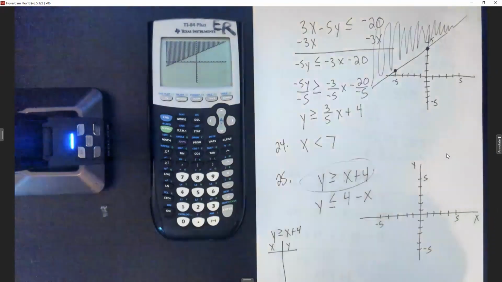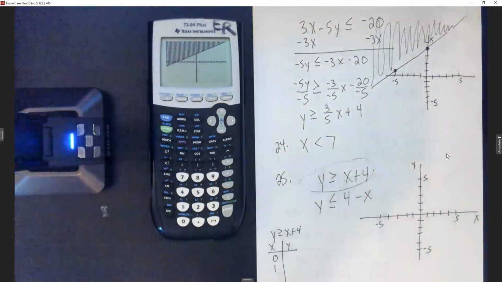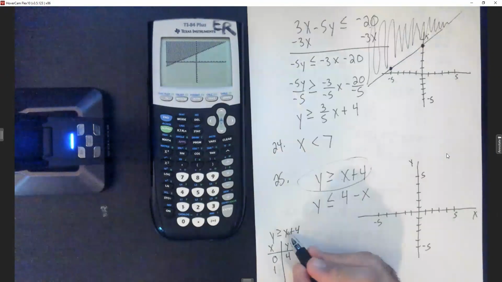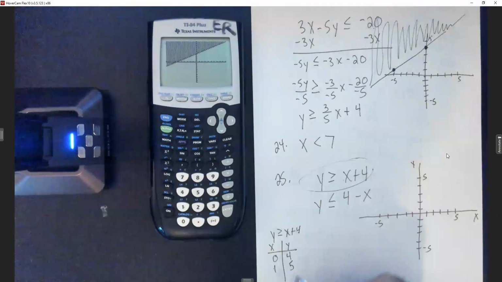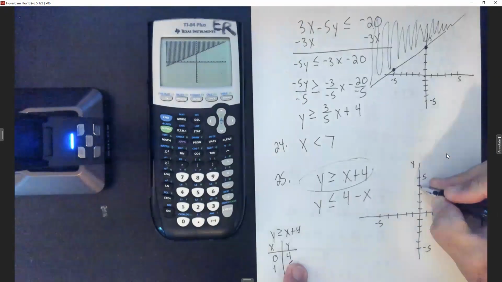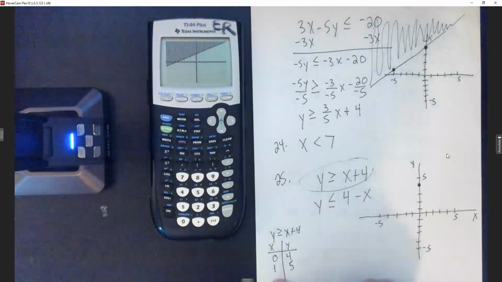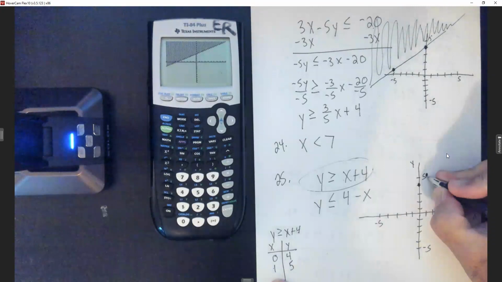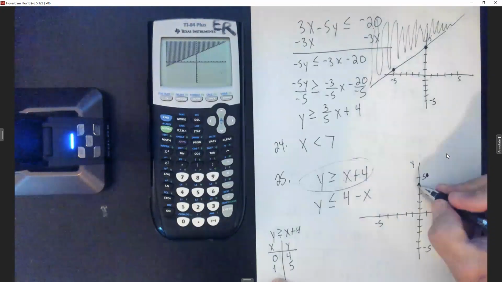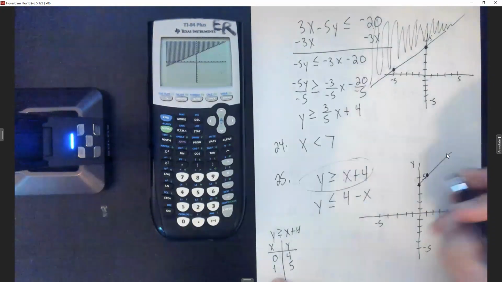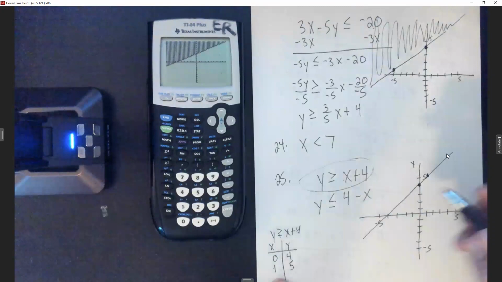So I'm going to use a 0 and a 1 for my x's. 0 plus 4 equals 4. 1 plus 4 equals 5. So the first line has a point at 0, 4, which is up here, and then I got a point at 1, 5. Now, that one has equals on it, so that line will be solid coming down through here. And it's greater than, so that one would shade above.